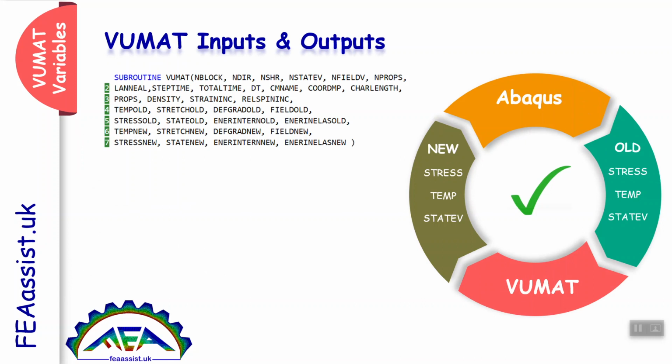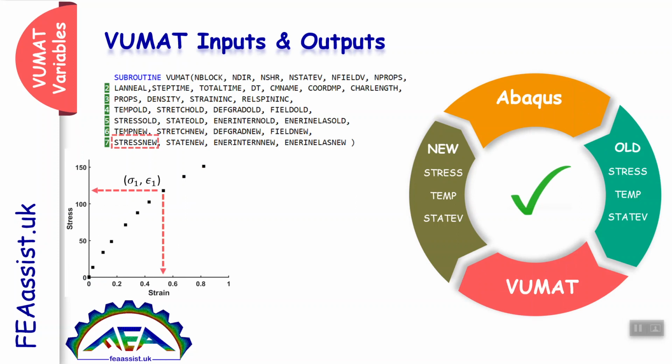Here we explain one of the most important variables of the VUmat subroutine, which is stress, here stress new. Consider you have a stress and a strain at this point, and you want to predict and compute the stress at the next point. What can you do?